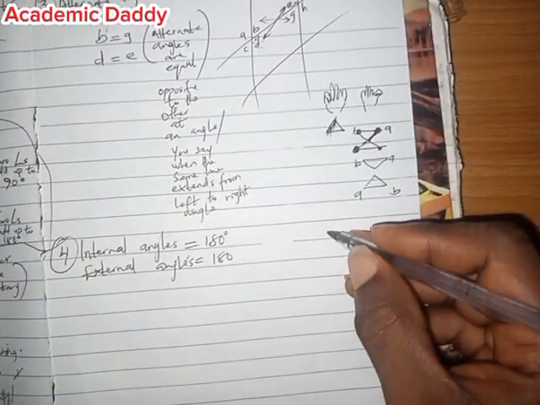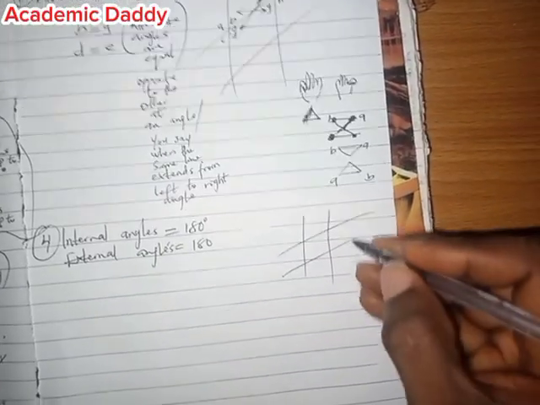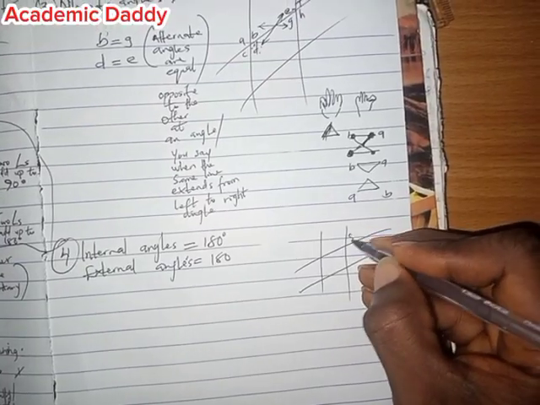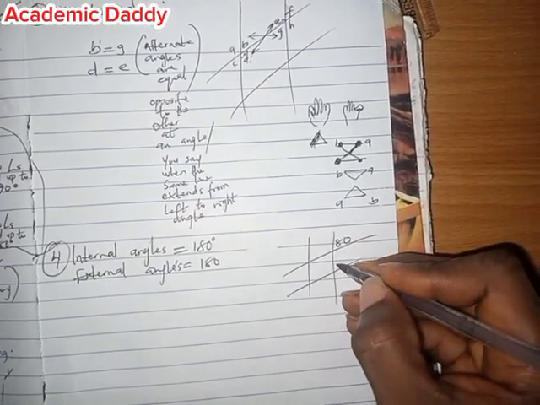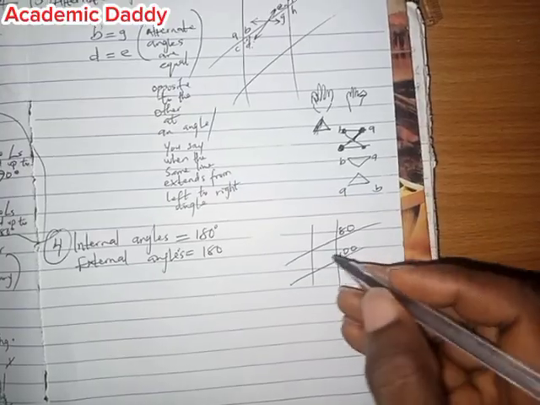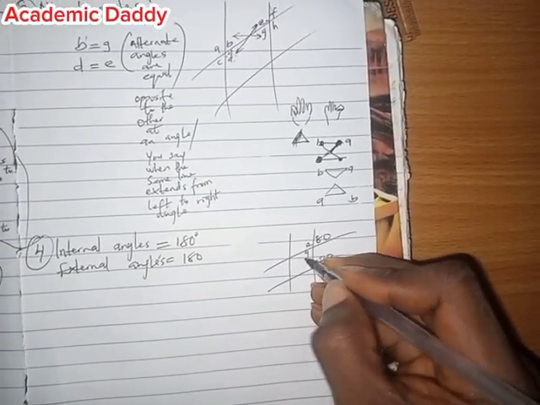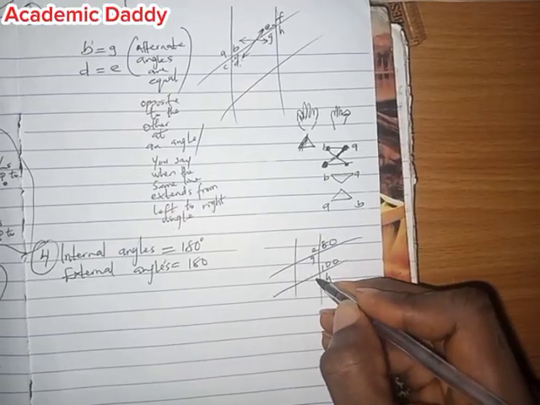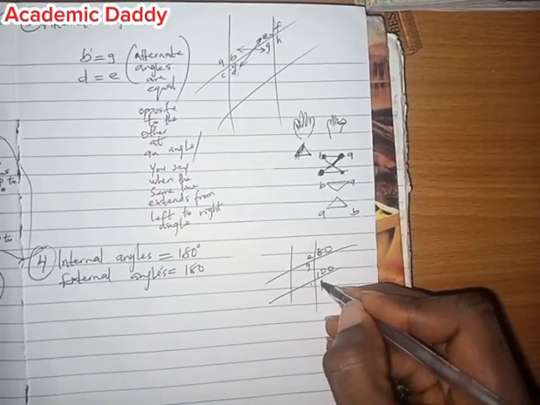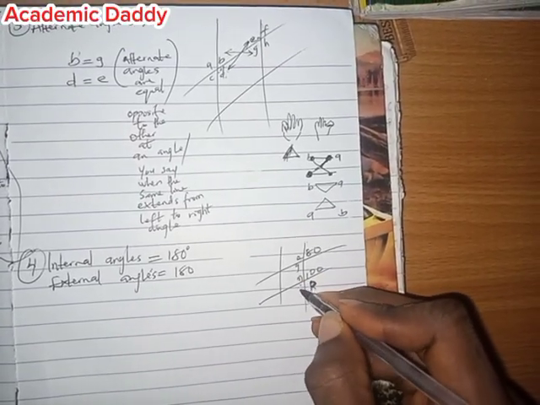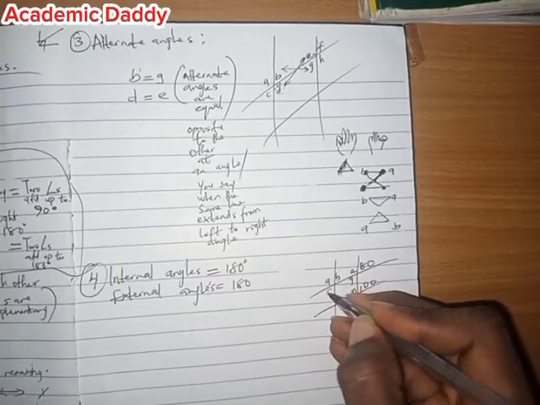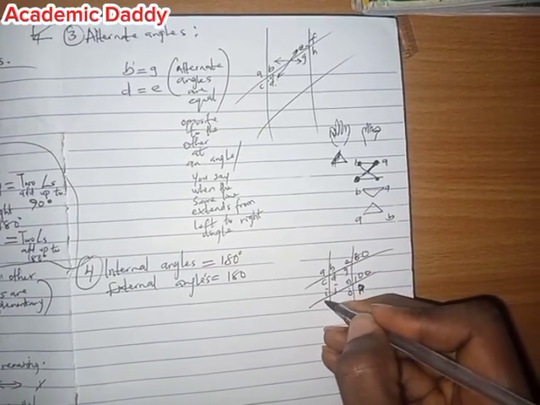If I have this, and I have this, and let's say they give me here 80, and they give me here 100. Let's say I call this N, P, M, O, and let's say I call here A, B, C, D, I, J, K, L.